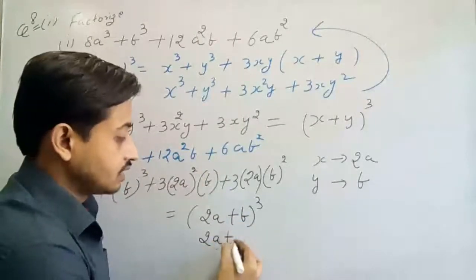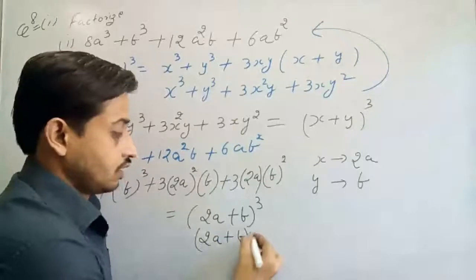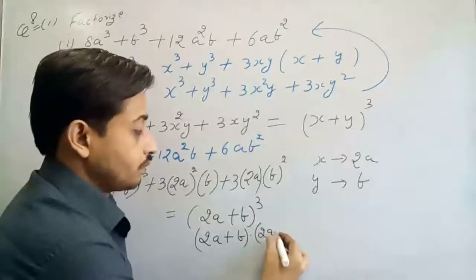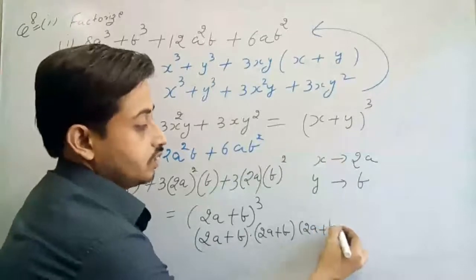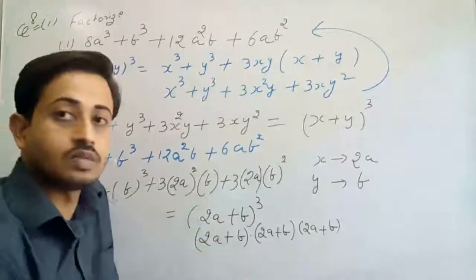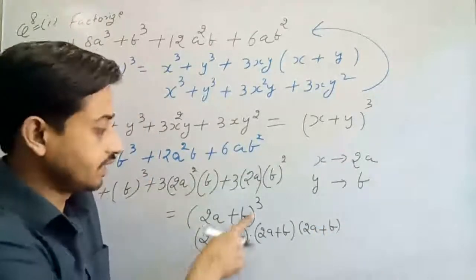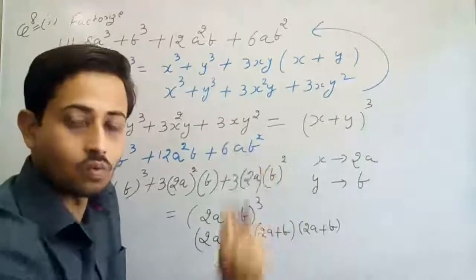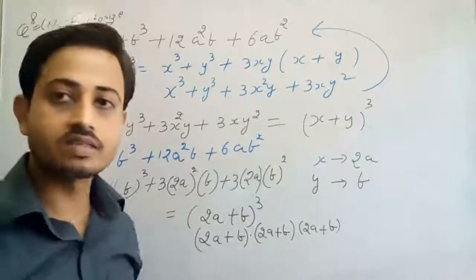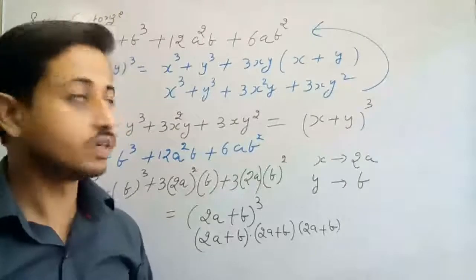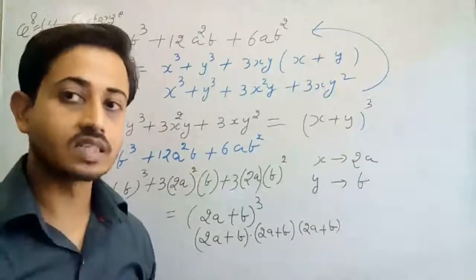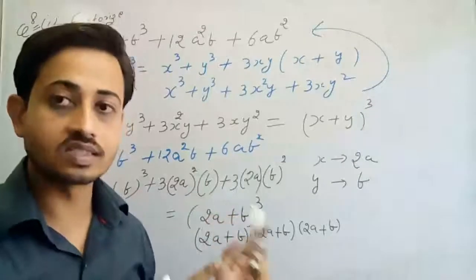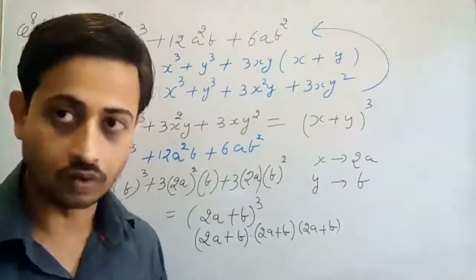It can be written as 2a plus b into 2a plus b into 2a plus b, because we have this term 3 times. So I am writing this in 1 into 1 into 1 format. Please make a note, and we have to do the next part according to this manner. Please try to learn and understand this concept. It's very important.